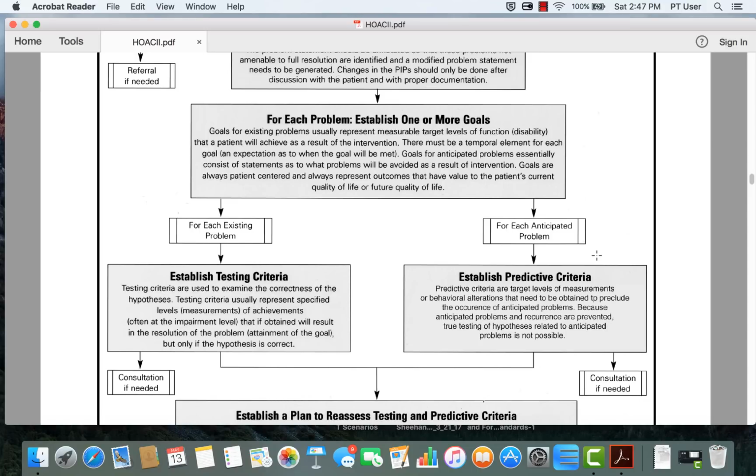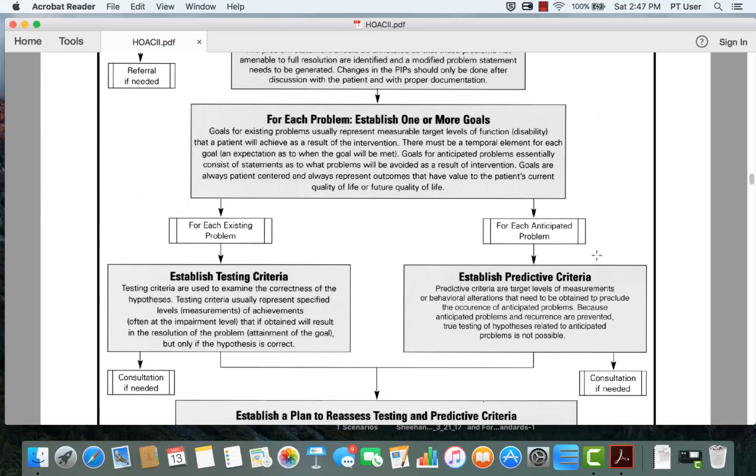So I'm not going to read through this box. You can read through it. But goals must be at the level of function. Now, what you'll see here as we talk through this is I'll have some graphics that will pop up that will show some examples of goals.